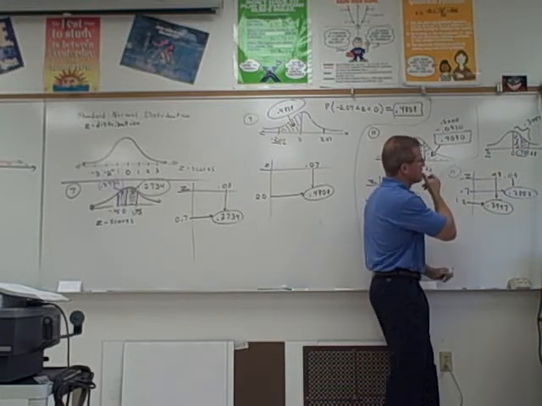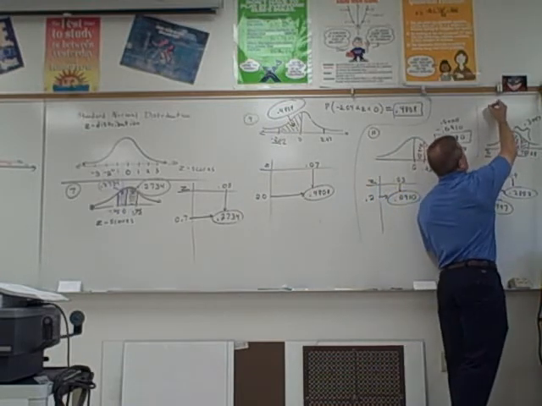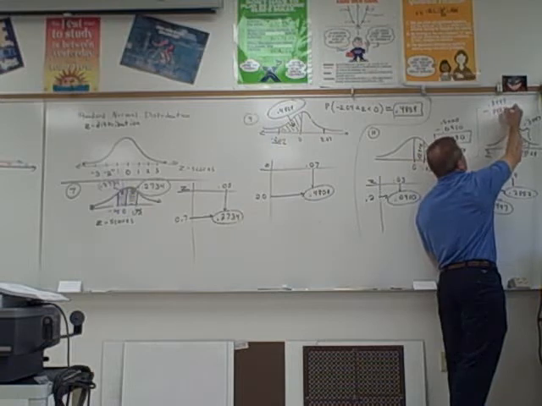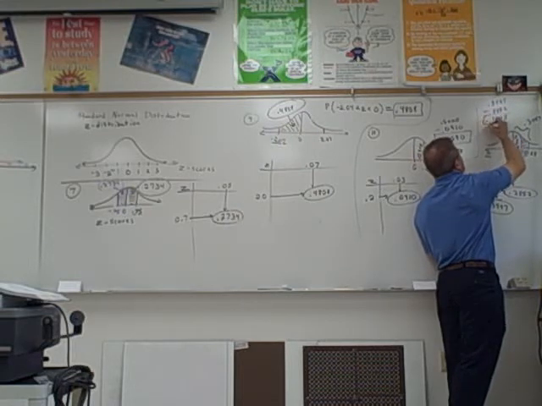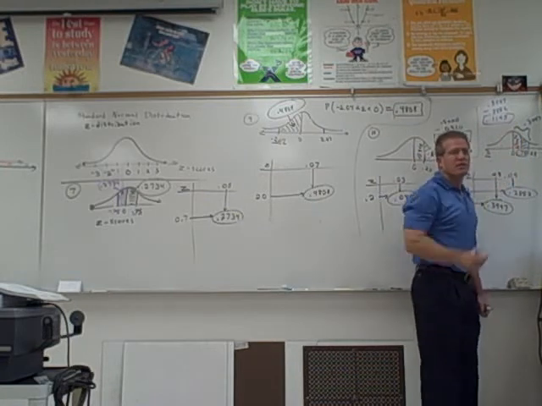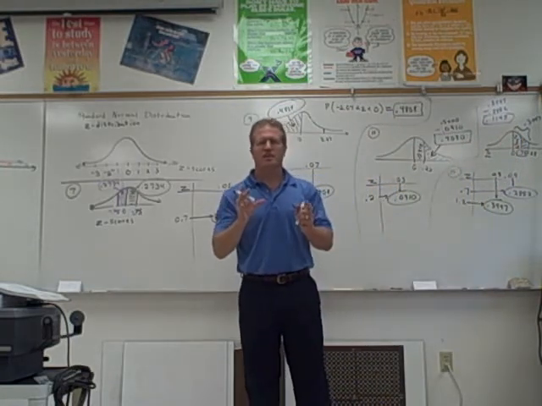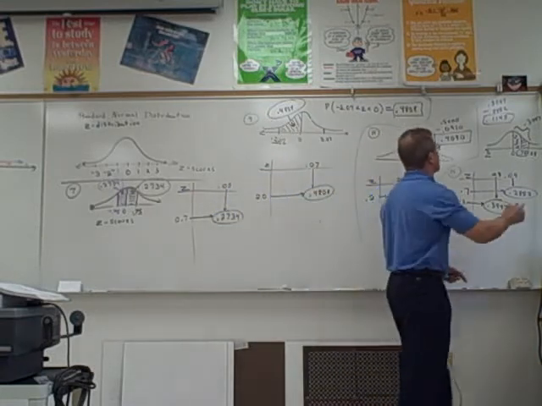So I'm going to take 0.3997 minus 0.2852. And I think it comes out to 0.1145. Does that sound right? One thing to check your work, you'll never have a negative area. When you're finding area, the area is always going to be positive. Okay?